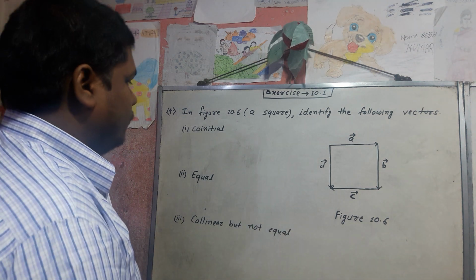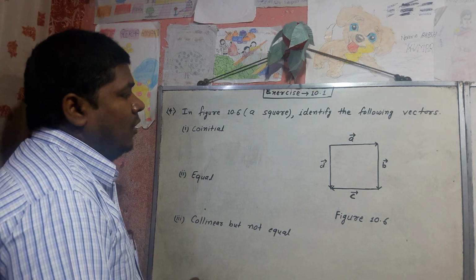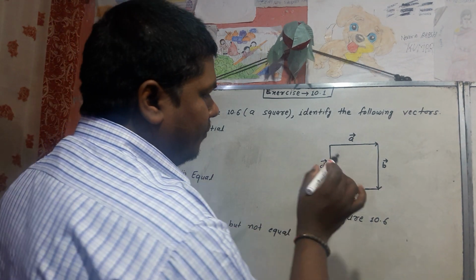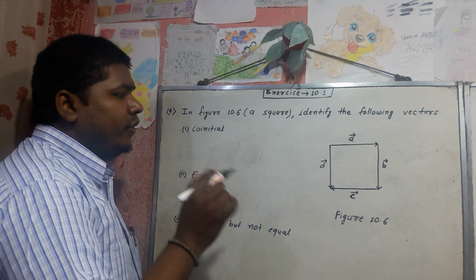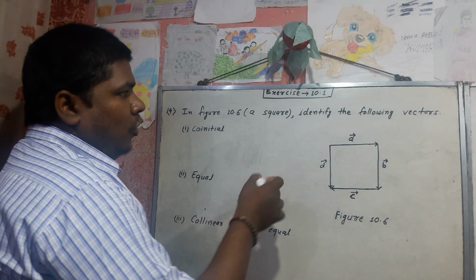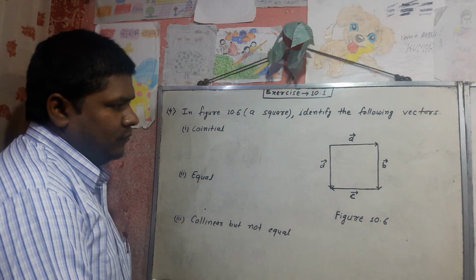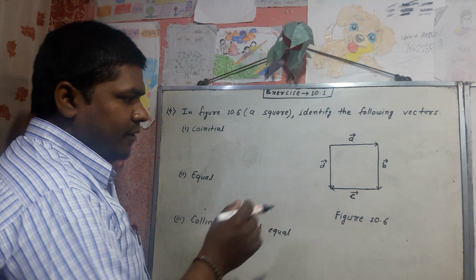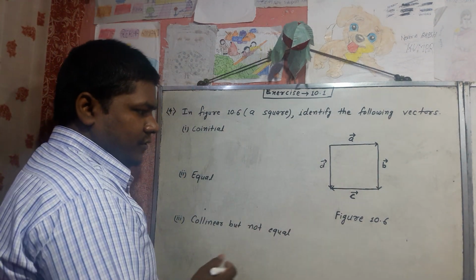Now we see in the figure which vectors are co-initial vectors. We know that two or more than two vectors whose initial points are same, then vectors are called co-initial vectors.